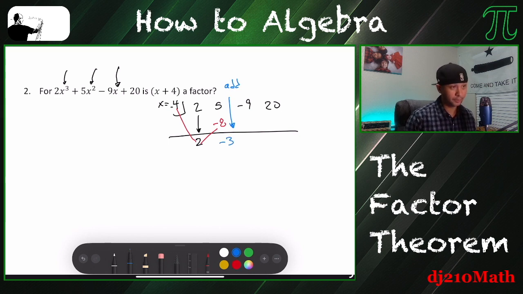Then we start the process all over again. -4 times -3 is +12, plus -9, we get +3. Times -4 is going to be -12. So the remainder is going to be 8. Because this is different from 0, it tells us that, no, it's not a factor.